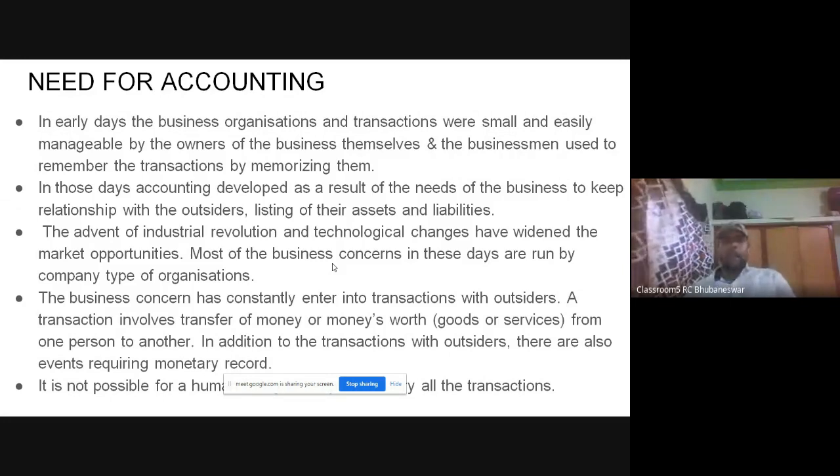At that time, it is not possible to memorize everything within the human memory or human brain. So we have to have something which will record that. That something is known as accounting, the language of business. After this we will discuss why accounting is called the language of business.